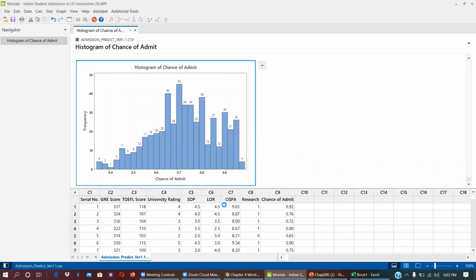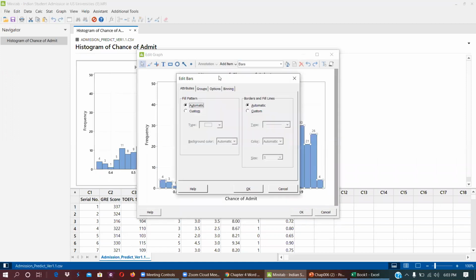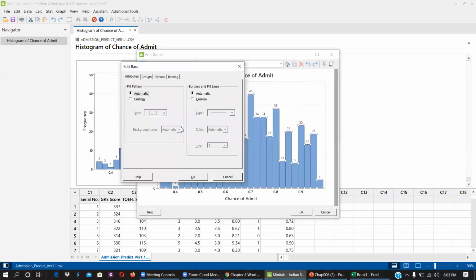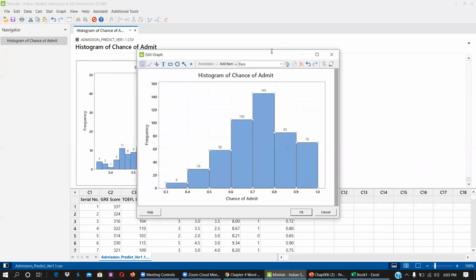So edit graph, and then I go to edit bars. So binning, let me use cut point number of intervals. Let me use only 7 of them. Okay, here we go.